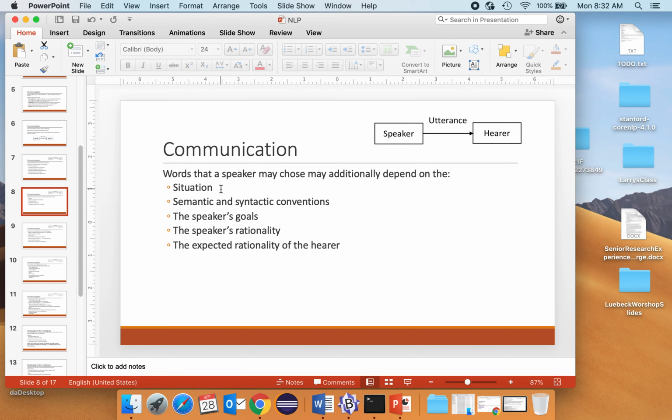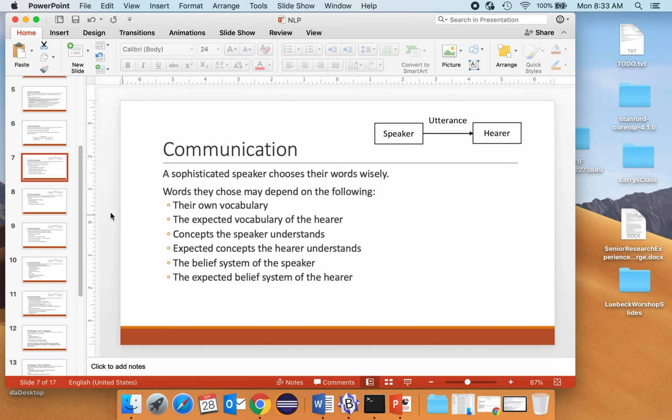You speak to a child differently than you might speak to friends or your boss. There are also the speaker's goals. What do you want to do? What's your objective here, your MO, as part of this communication? The rationality, how sane are they really? As well as the expected rationality of the hearer. Partly we already talked about that in the belief system.